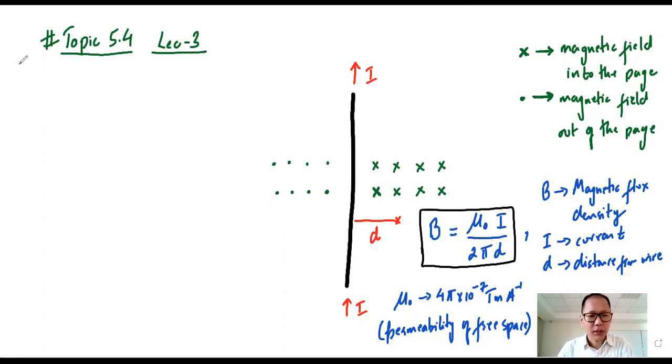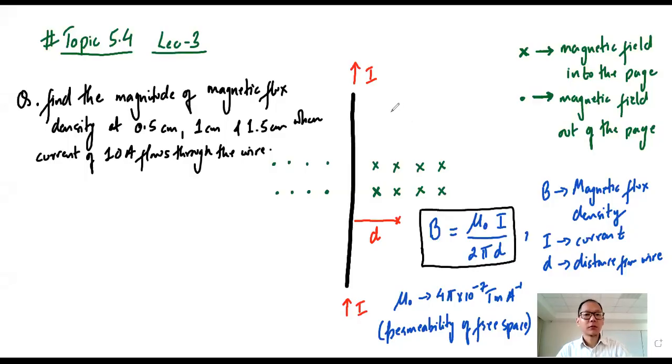So now let's do some calculations here. So the question is, find the magnitude of magnetic flux density at 0.5 centimeter, 1 centimeter, and 1.5 centimeter when the current of 10 amp flows through the wire. So in this question, I just want to show you that as you go away from the wire, the magnetic flux density decreases.